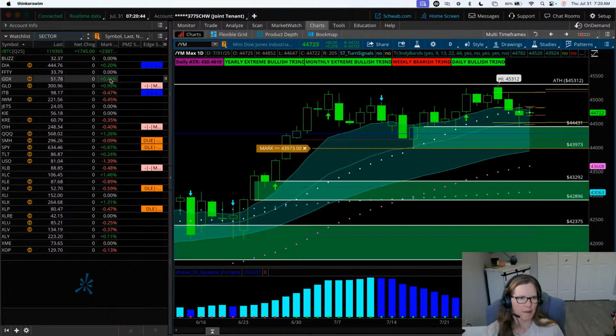So gold is up. Now, let's talk about the fact that even though the market feels super duper bullish, right? Look at the other sectors. Almost all of the other sectors are red. That's even semiconductors. But that's telling me that your strength is really in those tech type names and communications names.